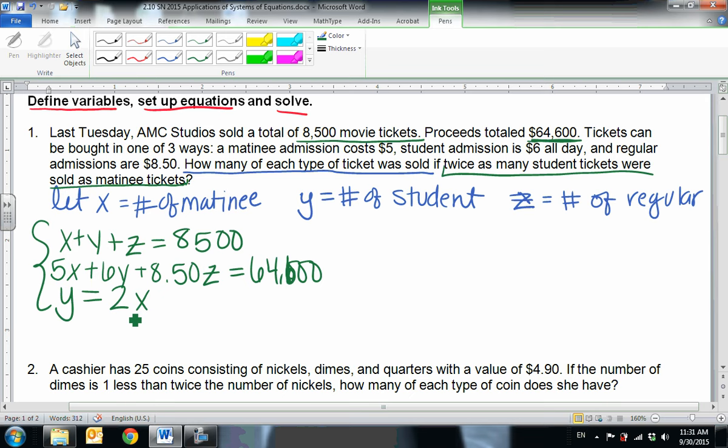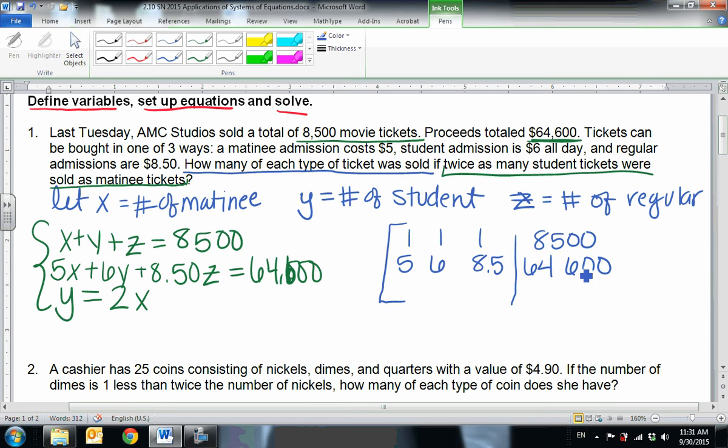Right? All right, I'm going to practice setting this one up using our process from yesterday of Gaussian elimination. So to do that, we write an augmented matrix. What's going to go in our top row? 1, 1, 1, and then 8,500. Then 5, 6, 8.5, 64,600.